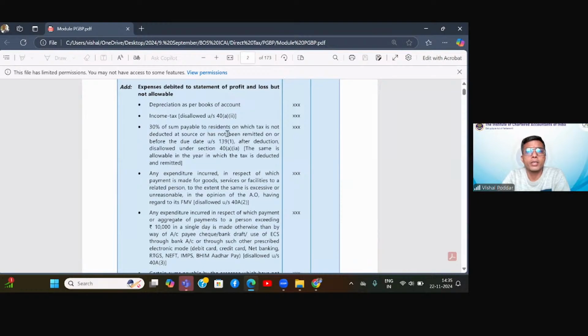You have to deduct the TDS anytime during the previous year. So on which TDS has not been deducted, or after deduction has not been deposited before the due date of filing returns, which is given under 139(1). Now, since this is a domestic expense, if any of this default occurs, what will be disallowed is 30% of the expense. So for domestic, it is 30%, and for foreign expenses, it is 100%.